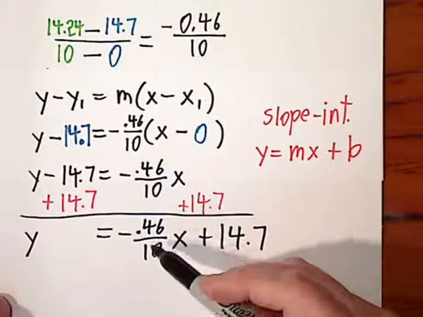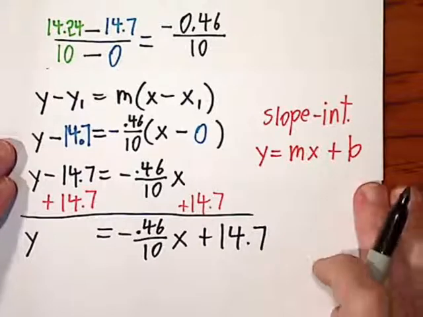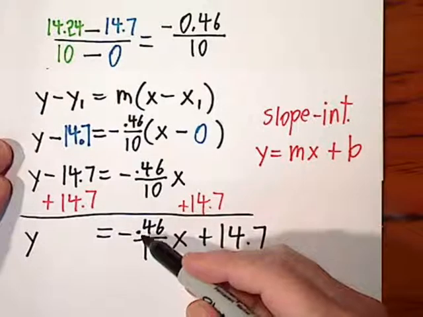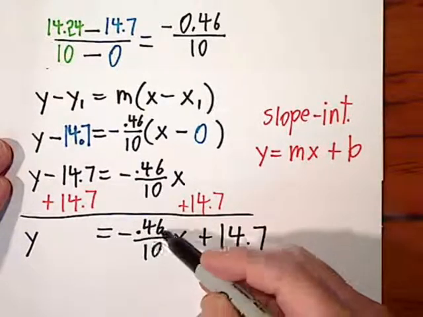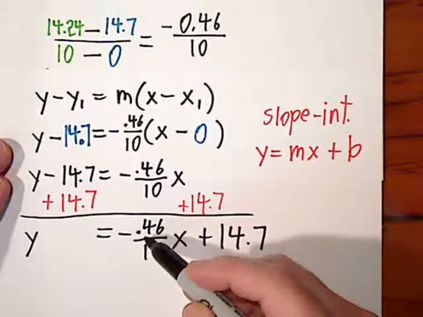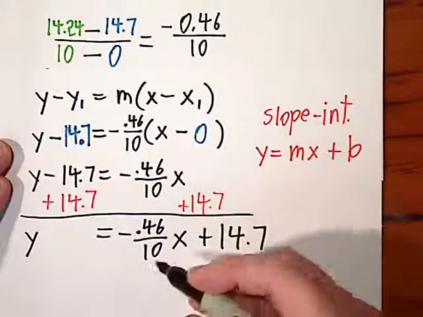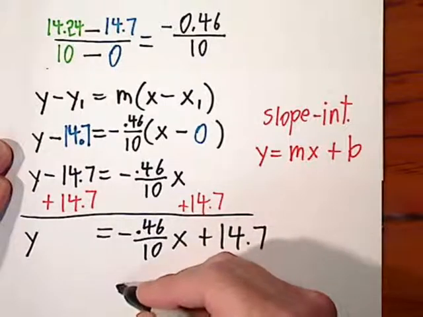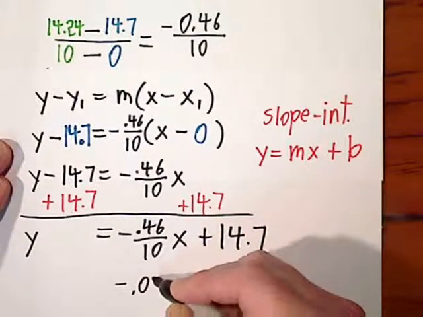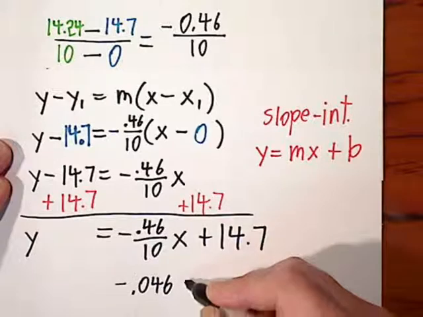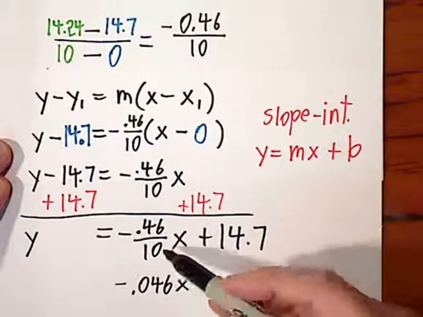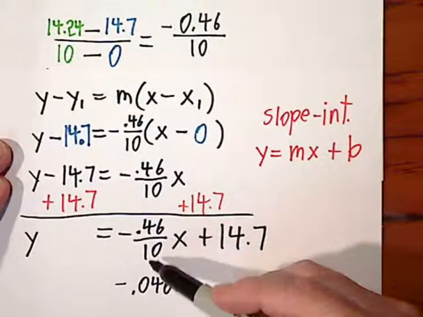0.46 over 10, that can be rewritten. All right. So if I divide by 10, this number is going to get a little bit smaller, so the decimal will move one place to the left. So this is going to become a negative 0.046 x. That's all I did, was 0.46 divided by 10.